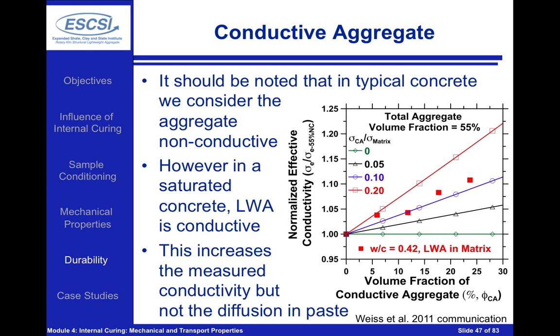So what we've shown here in a simple plot is the role that conductive aggregates could play in this system. In everything that I'm going to show here, we don't consider the role of conductivity of the aggregates. However, if you're looking at a case where you're using more than just the internally cured sand, you're replacing much more than you need to, or you're looking at the coarse aggregates, you may see a higher conductivity.